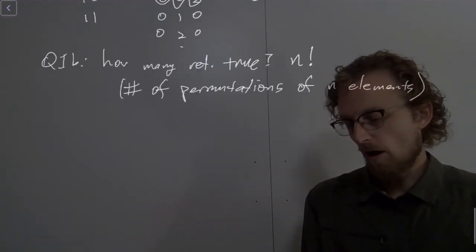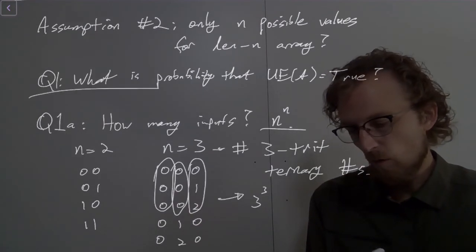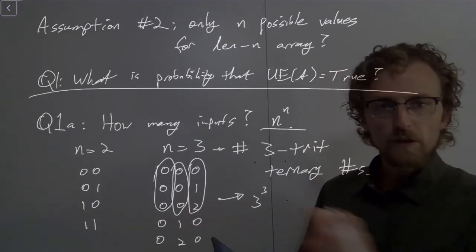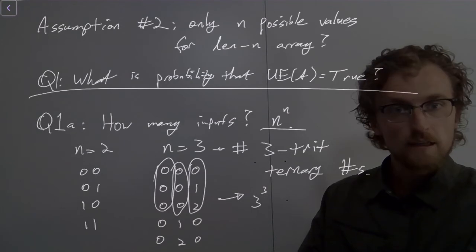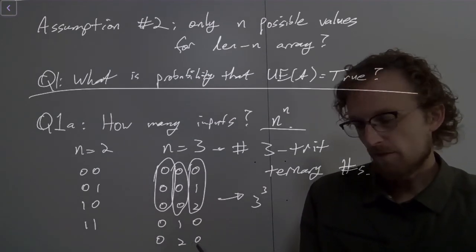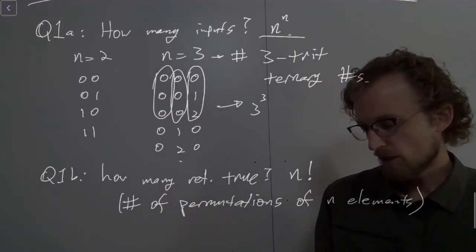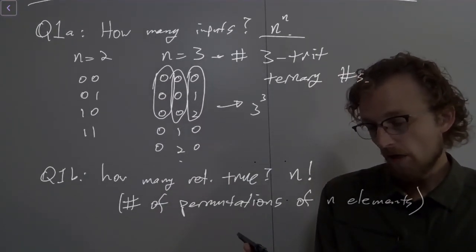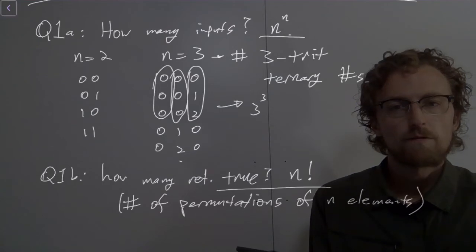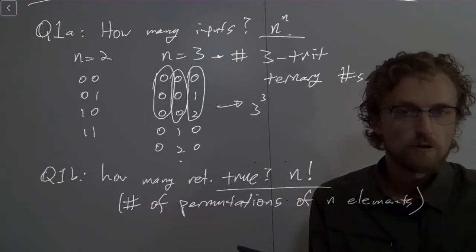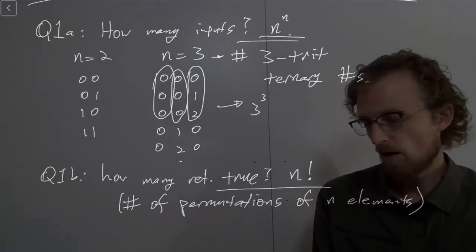Okay, so now our original question. What's our original question? What is the probability that if I feed an array that has statistics according to what I've described into this algorithm, it returns true? Well, it's just the number of arrays that return true divided by the number of arrays.